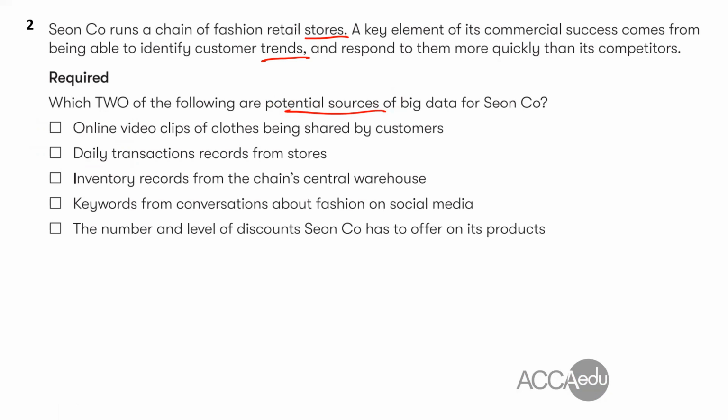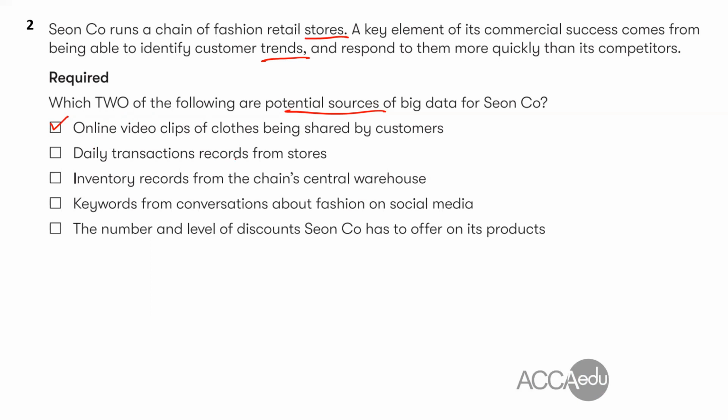So we should find two sources of very big data which are not Sean Cole's own data. Online video clips of clothes being shared by customers could be one of the sources, because according to what clothes they share, we could identify the customer trends.